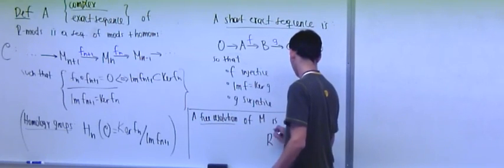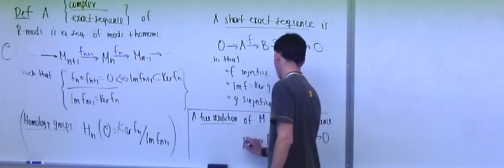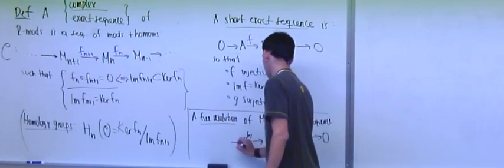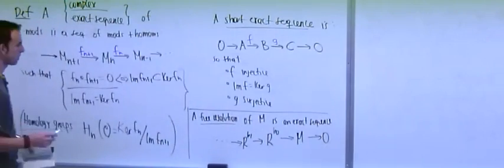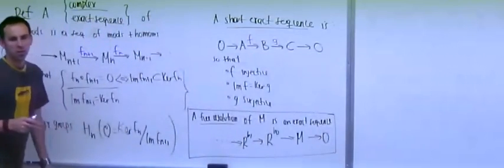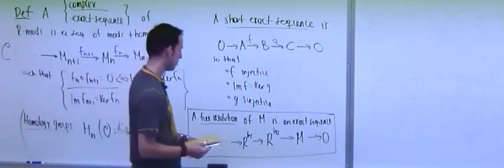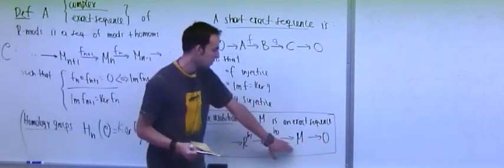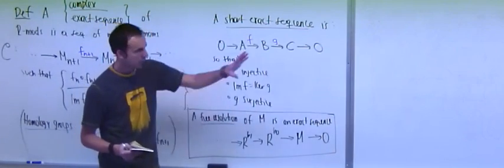So R to the b0, R to the b1, etc. So that's a more formal definition of a free resolution. Okay. And really, you're thinking that you're resolving the module M through these different free modules. And that's what we have over here.